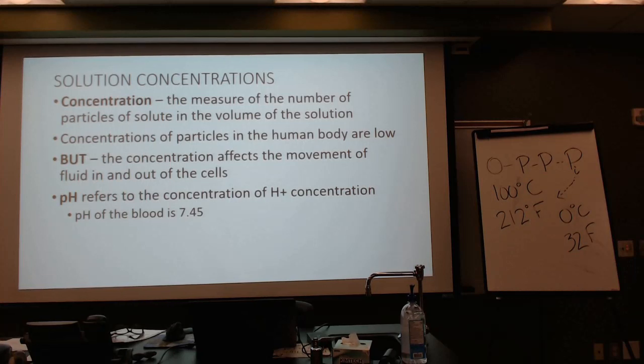For example, sodium. And there's a norm. There is a value on which these should be found in the body. We should have a certain amount of sodium, a certain amount of calcium, and so on and so forth. We should have a certain amount of hormones in the body.